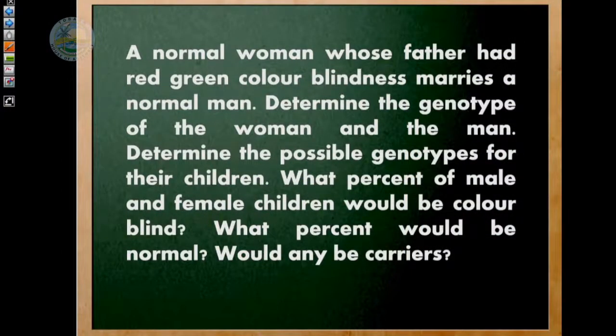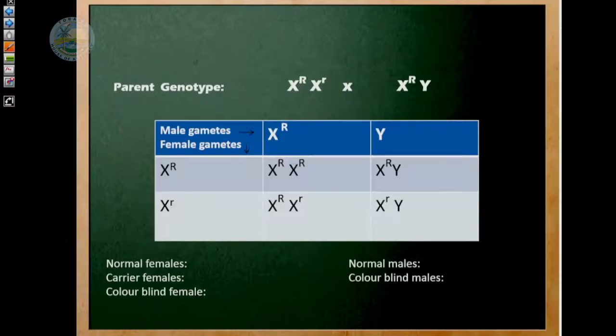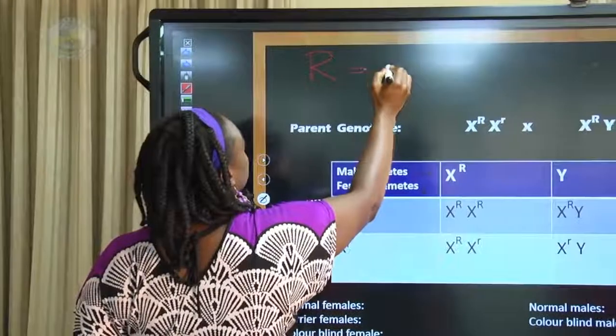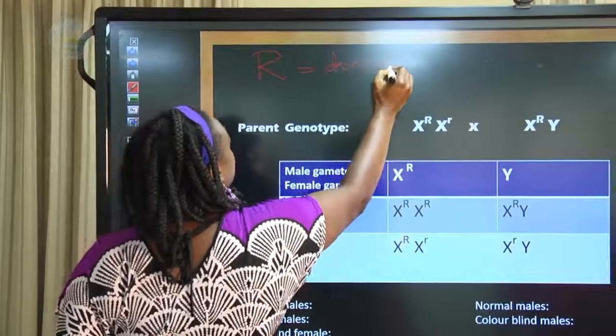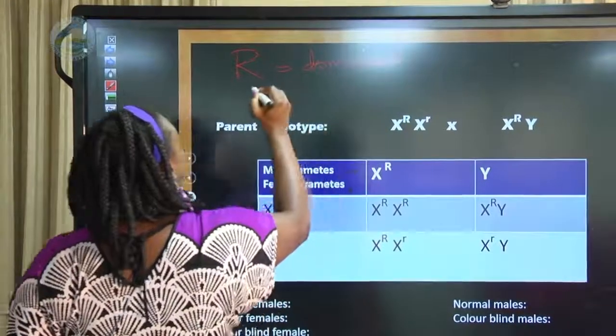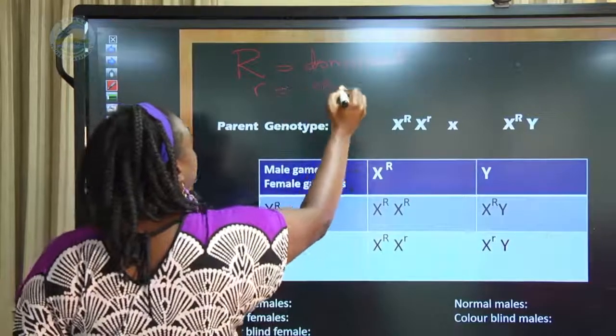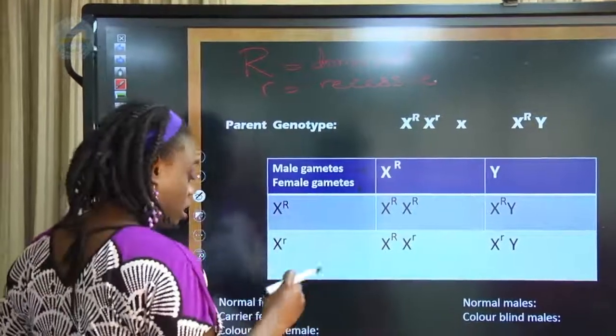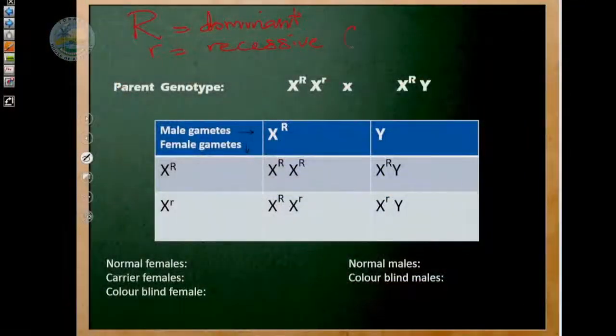Okay, so welcome back. We are going to use the letter R, capital R for the dominant trait and small r for recessive. So persons who are homozygous recessive would have red-green color blindness.